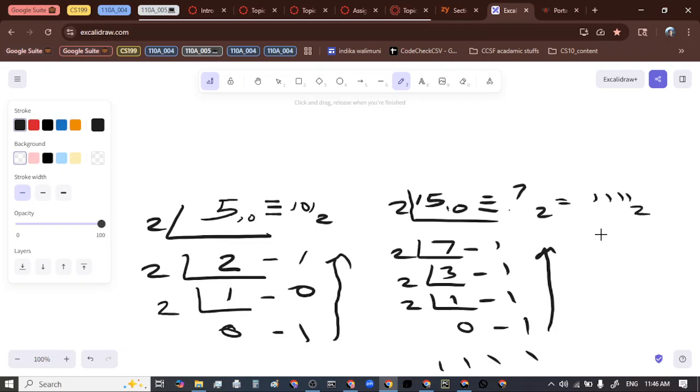So that means F in hexadecimal requires 4 binary bits to represent. Am I right? So my question is, to represent a single hexadecimal digit, how many binary bits do we require?